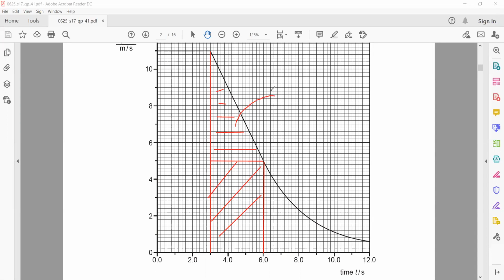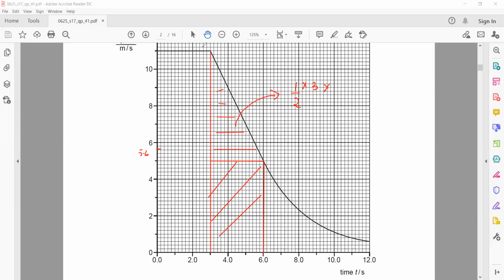So area of this part, the triangle, it will be half. It is starting from 3 and ending at 6, so the base is equal to 3. And for the height, each division on the y-axis is representing 0.2. So this one is 5.2, 5.4, 5.6.